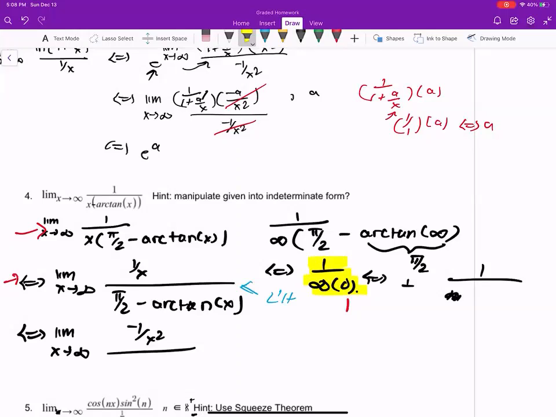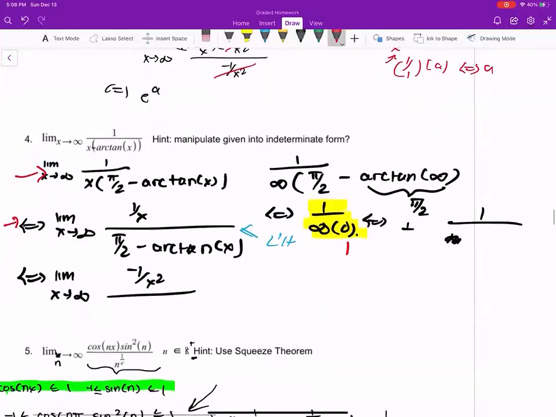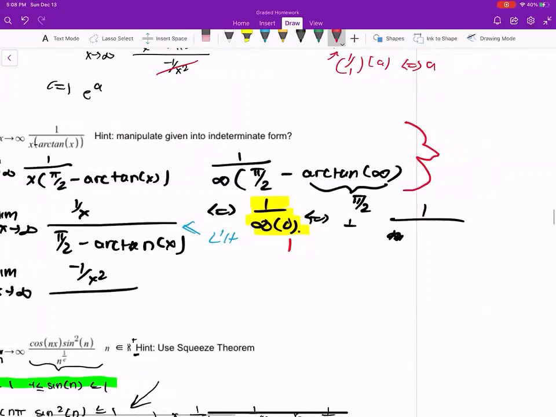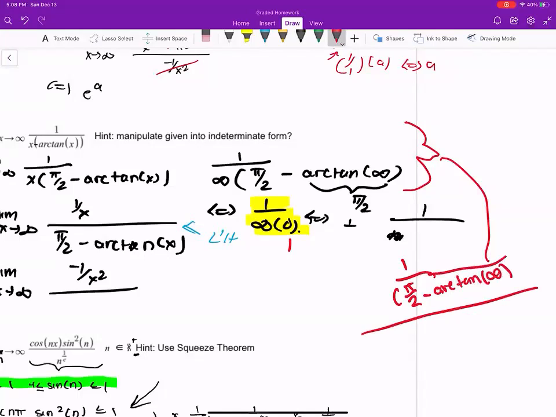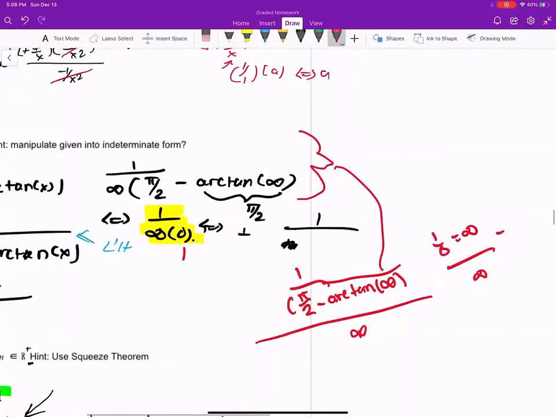I think what I mentioned earlier is you have to make it infinity over infinity or 0 over 0 before you can apply L'Hopital's, right? So this expression over here is the same thing as writing 1 over pi over 2 minus arctan infinity over infinity. And then you get 1 over 0 equals infinity, and then infinity in the bottom. So you get infinity over infinity, and that's why you can apply L'Hopital's rule.